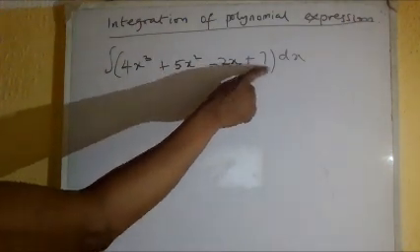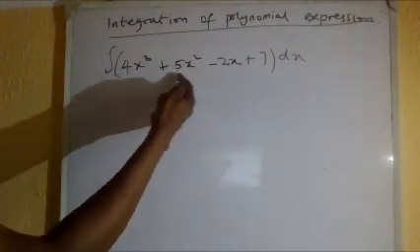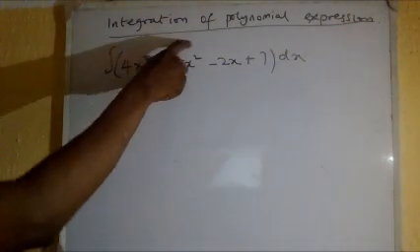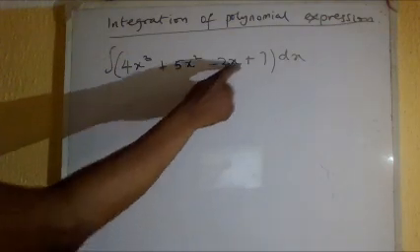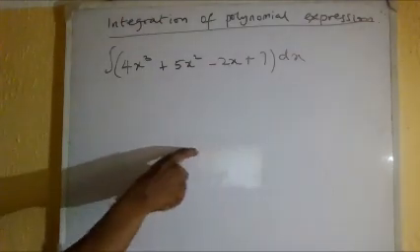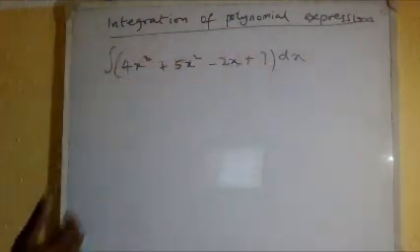So you have different powers of x. The highest is 3, so this is a polynomial. It's not a quadratic. If the highest power is 2, it's a quadratic, and if the highest power is 1, it's linear. So this is a polynomial expression, and what we do basically to integrate this kind of expression is to integrate it term by term.